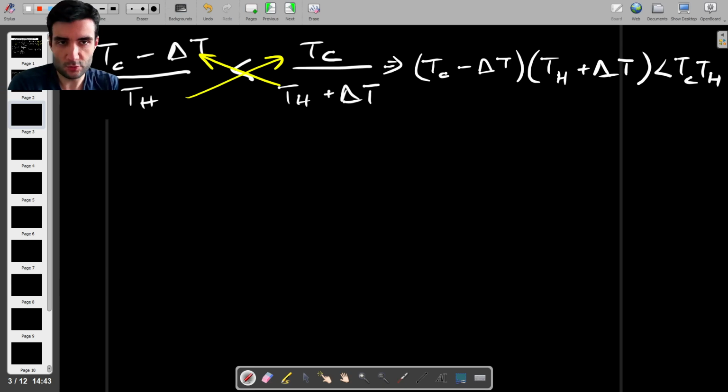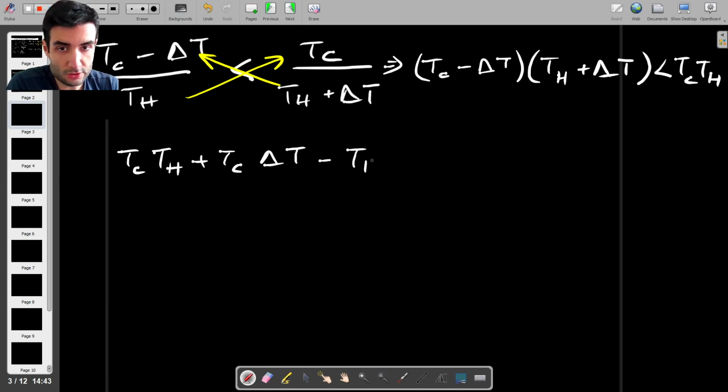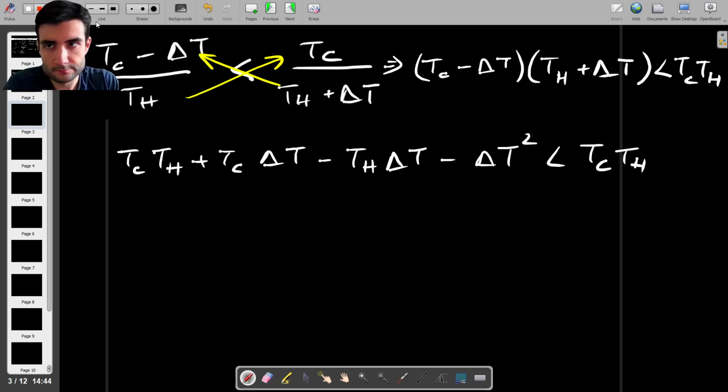So this is what we're going to try and compare. If we expand the brackets on the left hand side, that's T cold T hot, and then plus T cold delta T, and then minus T hot delta T, and then minus delta T squared, and that's less than T cold T hot. So we can cancel out T cold T hot on both sides.